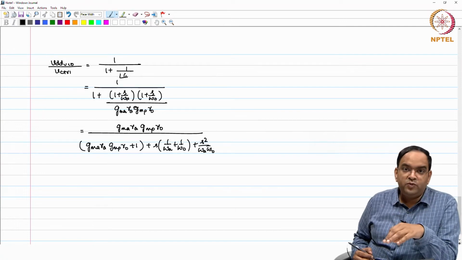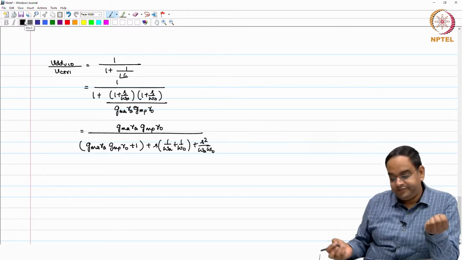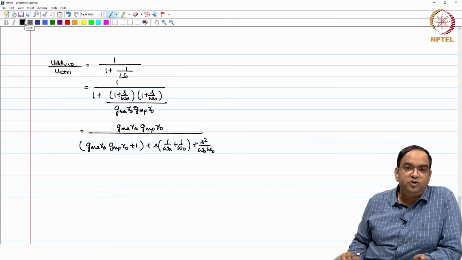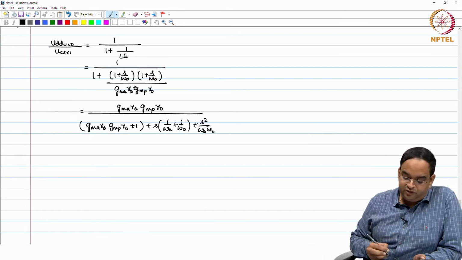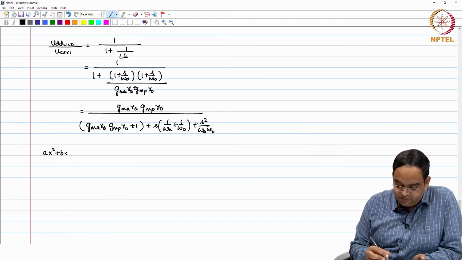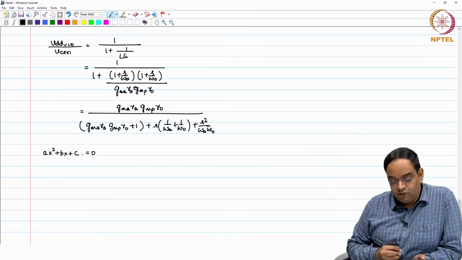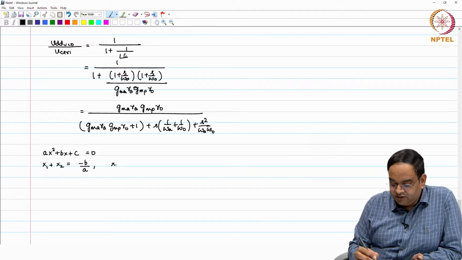Now, you have two poles in open loop, and in closed loop you are also having two poles here. Now, you can decide which of these two poles is going to be dominant. Quite often we use this approximation. If you have a quadratic equation ax square plus bx plus c equal to 0, the roots x 1 plus x 2 is equal to minus b by a, and x 1 x 2 is equal to c by a.